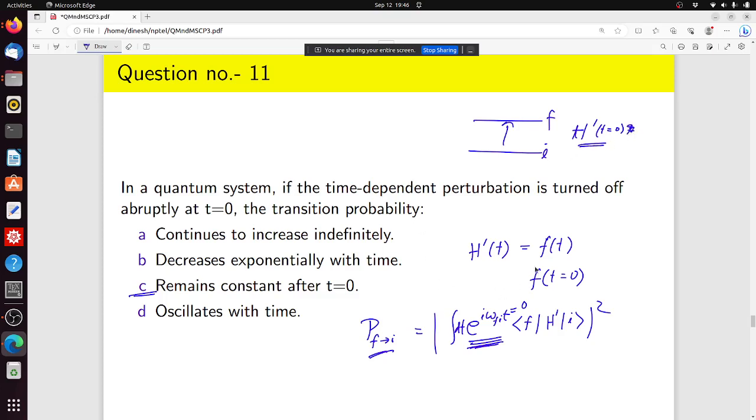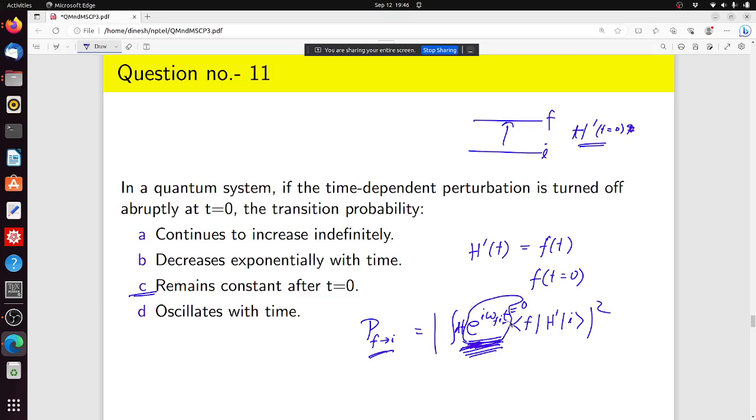If t equals 0, it means 1. Because of this term, this was an exponential function.